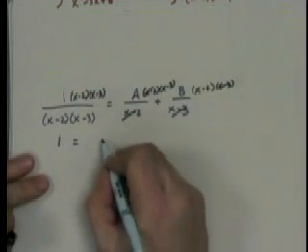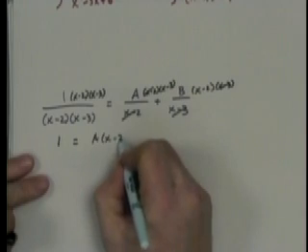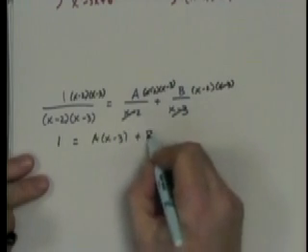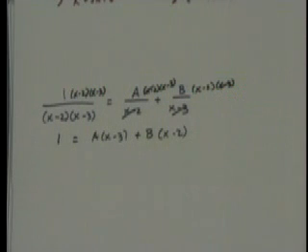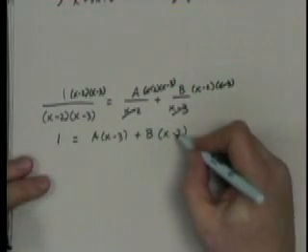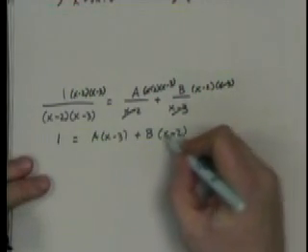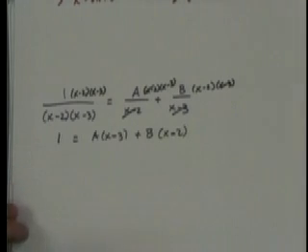And on the right I get a times x minus 3 plus b times x minus 2. Now there's a couple different ways to solve these, and over the time we're going to spend today, I'm going to do it both ways, because sometimes one works better than the other.